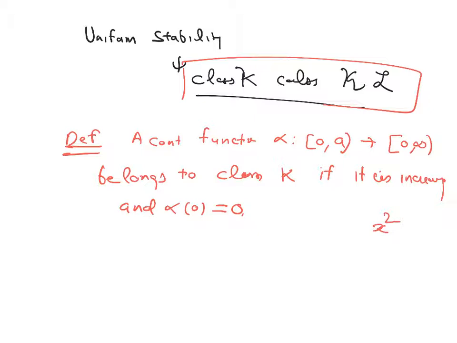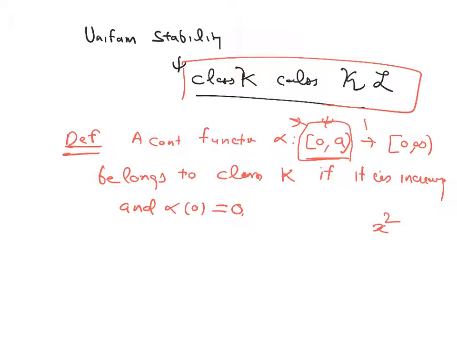So instead of saying it's always positive, we are saying it's an increasing function. This is the domain of x, where x is between 0 and a, which spits out answers from 0 to infinity. This is the range of x, and this is the range of alpha itself.